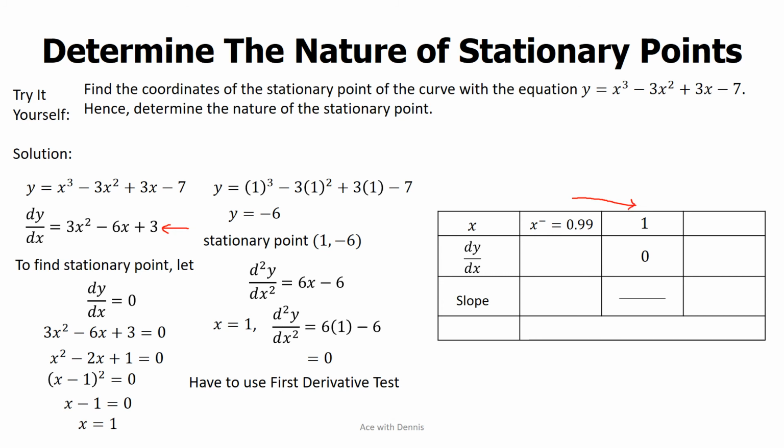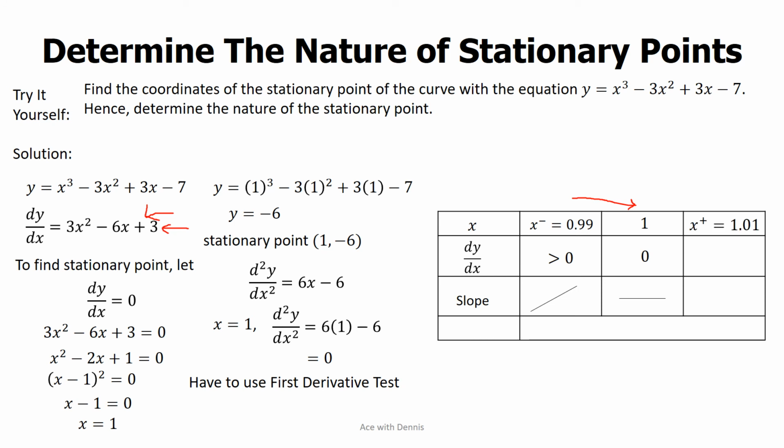So let's choose x minus equals 0.99. So we substitute x equals 0.99 into dy over dx. We don't have to find the actual value. From this equation, when you substitute x equals 0.99, we get a positive value for dy over dx. Hence, the slope will be an increasing line.